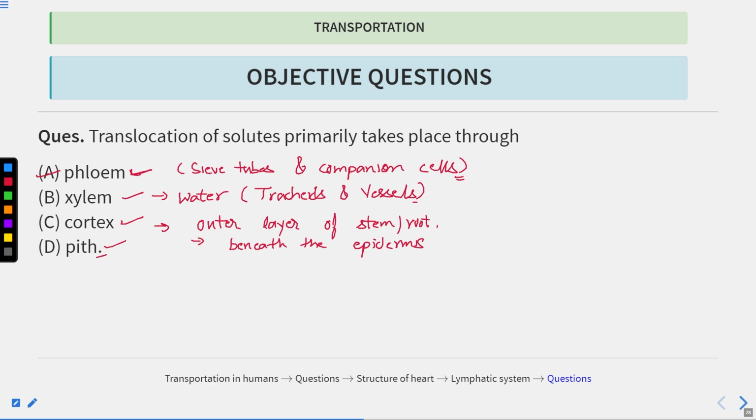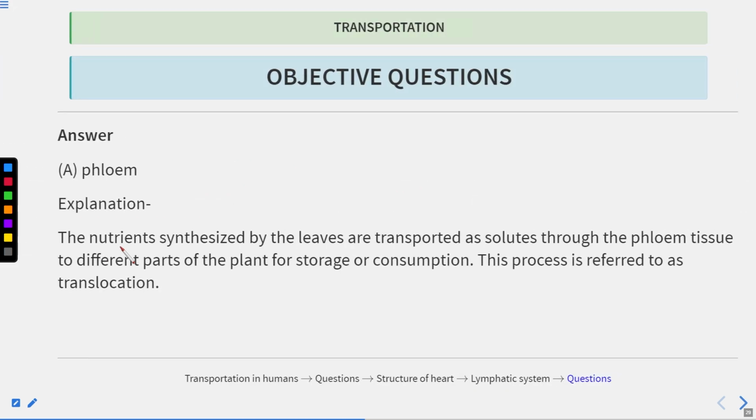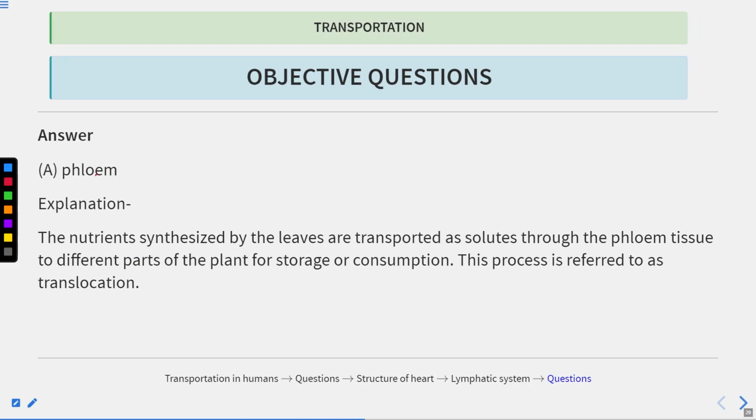And pith is the central region present in the stem. All right, so what should be the answer here? Phloem is the answer. And what is the explanation? Now the nutrients synthesized by the leaves are transported as solutes through the phloem tissue to different parts of the plant for storage or for consumption. Now this process is known as translocation.